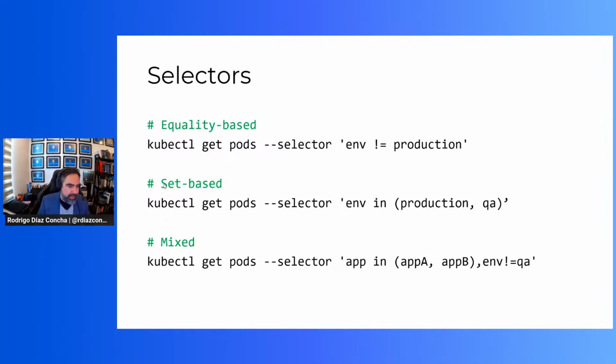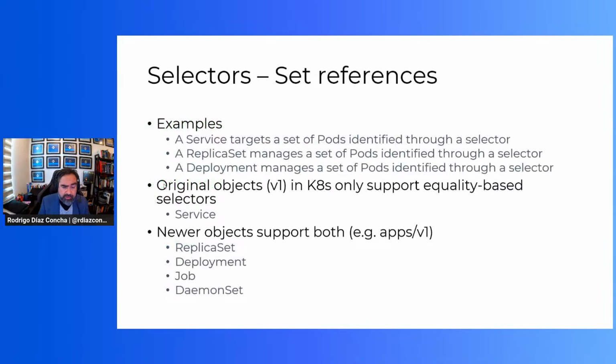And some other things that we can do with selectors. Actually, you can use those for specifying and querying your objects, and most of the time we're going to use that in deployments and services and all the objects that support selection of objects, and mainly pods.